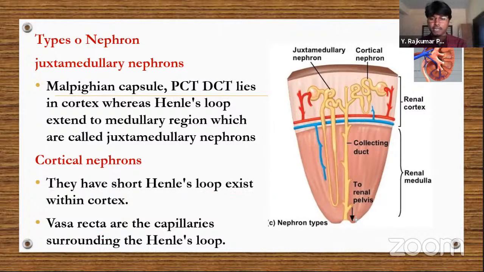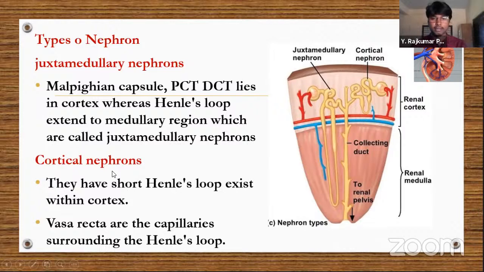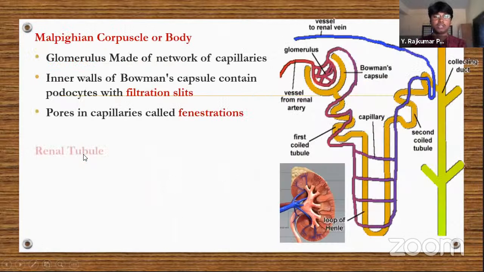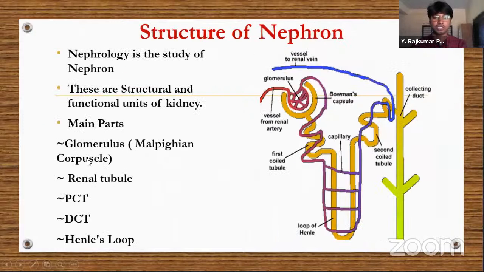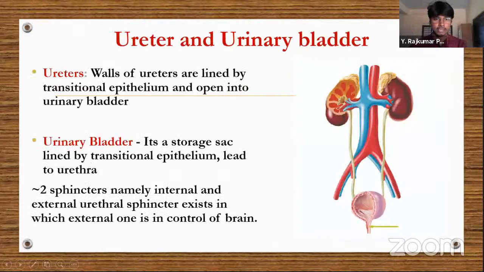Let us recap again what we have learned. We have learned about the structure of kidneys, the structure of nephron, and the structure of the excretory system.